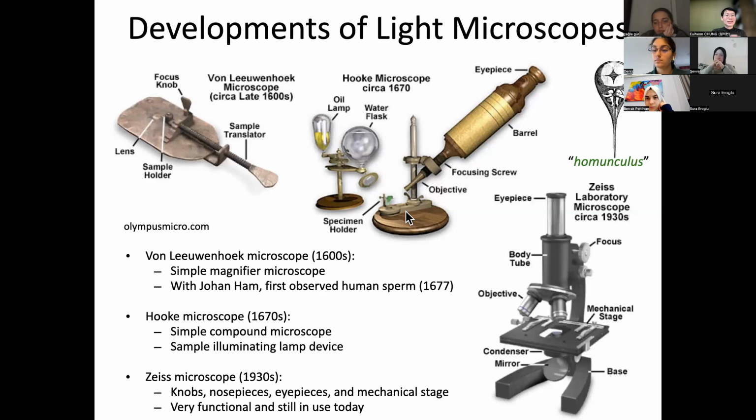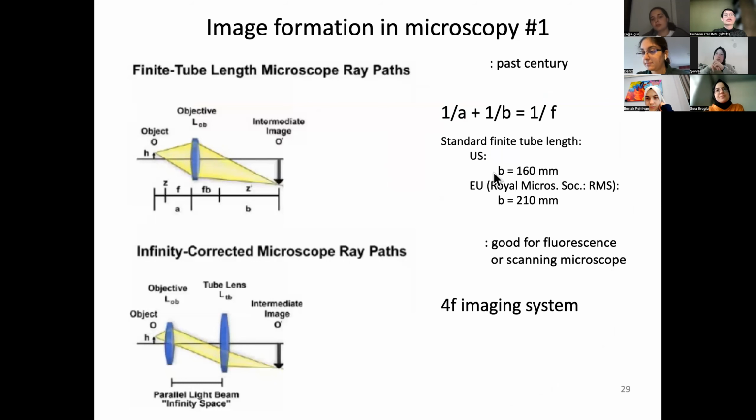For example, the cork, a plant they observed, and they first named the cell, the word you are all using for cell. In fact, cell was used for the jail room for criminals, and then the Zeiss microscope came. All right, so this is a little more technical, so I'm going to move a little faster.